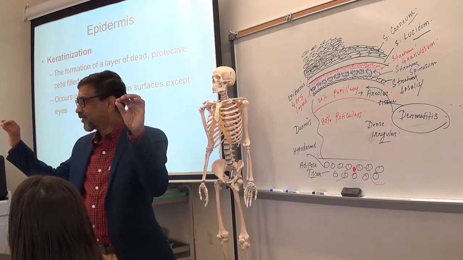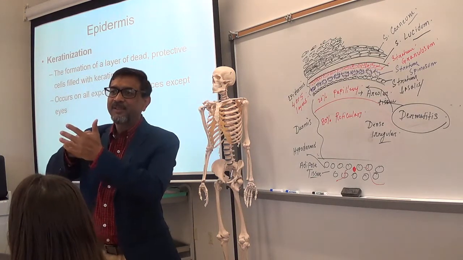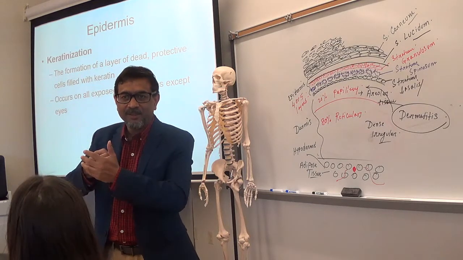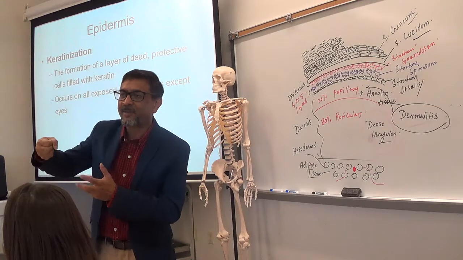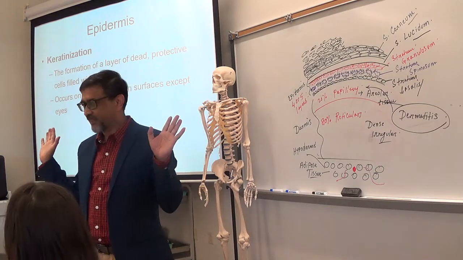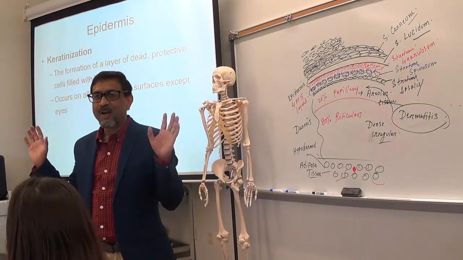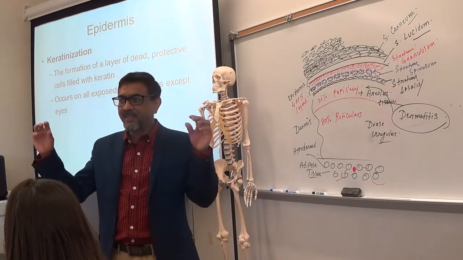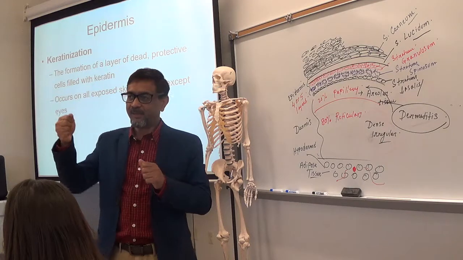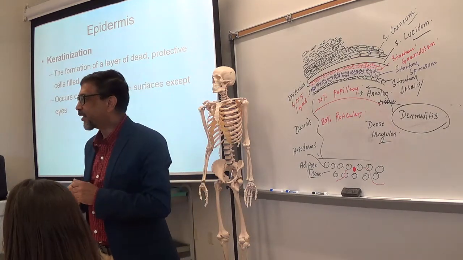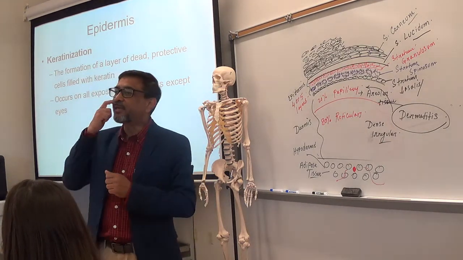Dead squamous cells filled with what? Keratin. Is it clear? Now, how those cells get filled with keratin, that process is called keratinization. How those flat, dead squamous cells get filled by keratin. That is called keratinization.